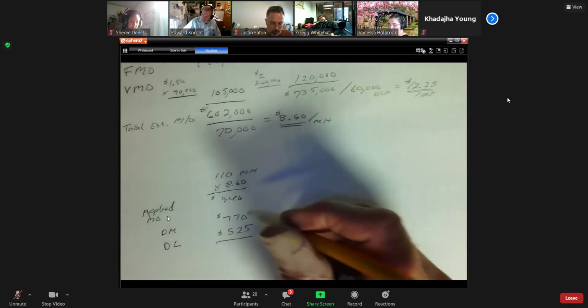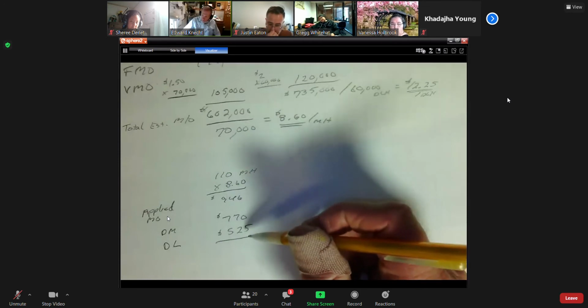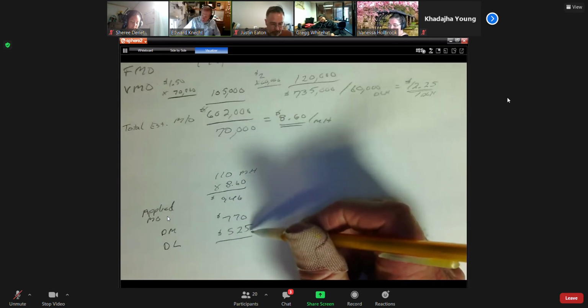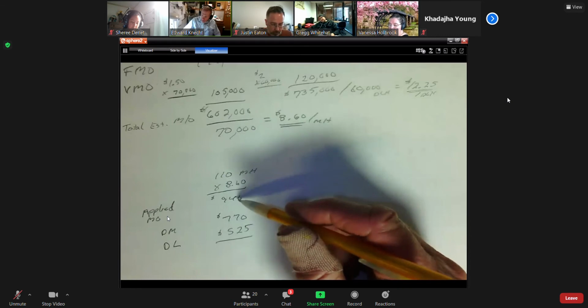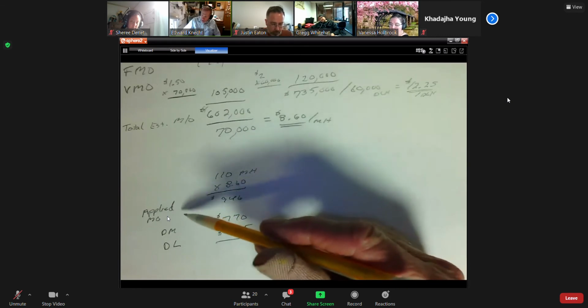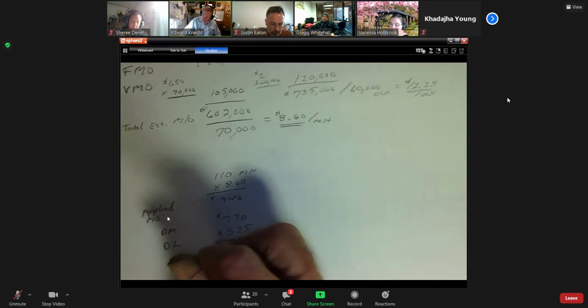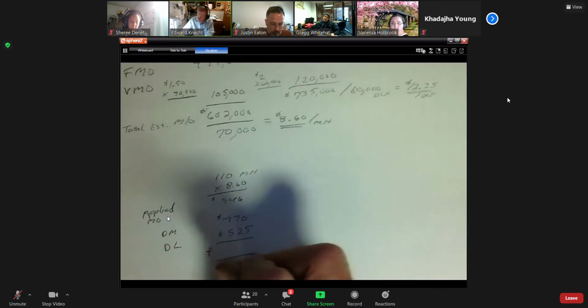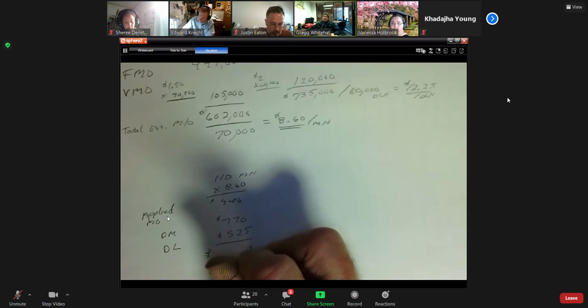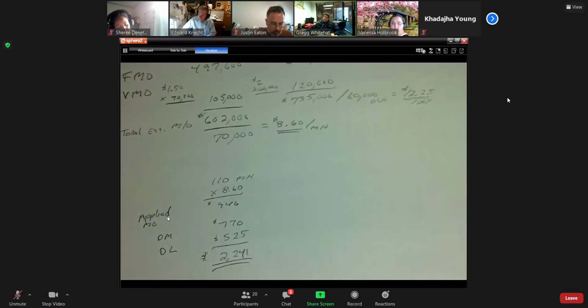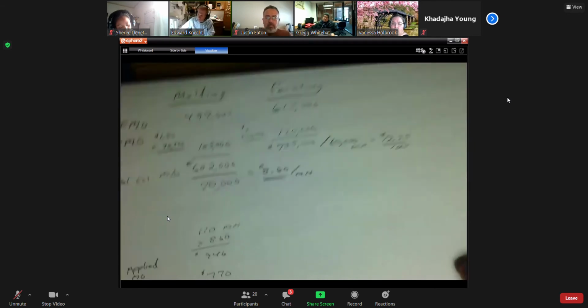So we have the three costs. We have direct materials and direct labor at actual, and the manufacturing overhead is at an applied rate. So the total would be 2,241. And that's for molding. Yep.